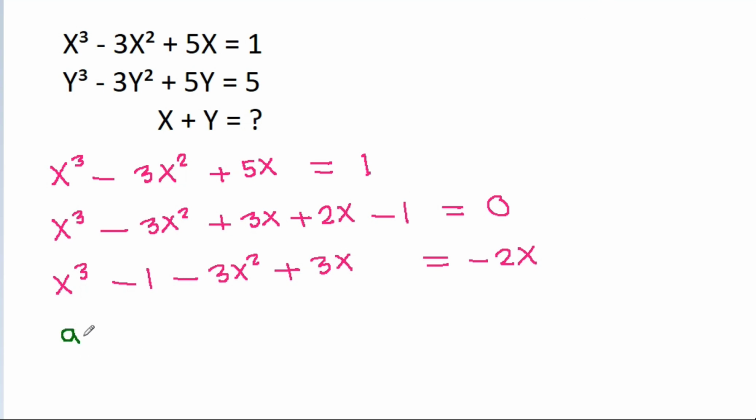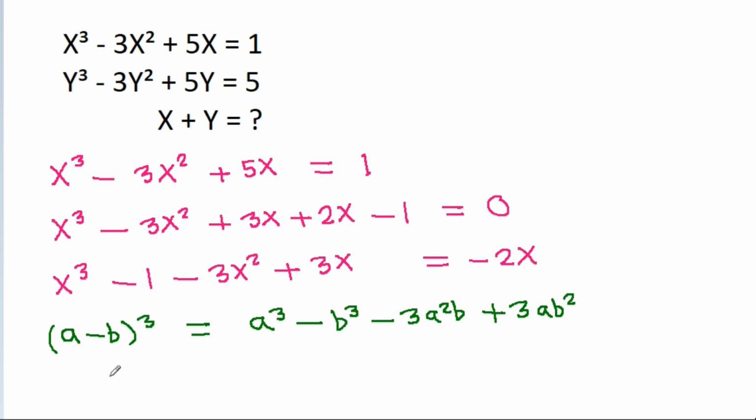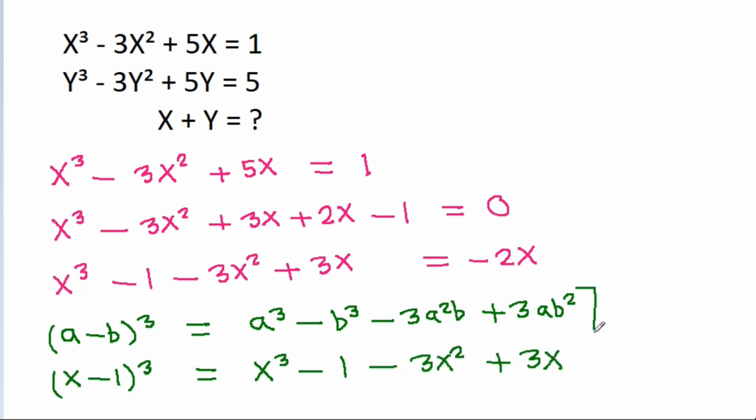And we know that a minus b whole cube is equal to a cube minus b cube minus 3a square b plus 3ab square. So x minus 1 whole cube will be equal to x cube minus 1 cube, which is 1, minus 3x square plus 3x.